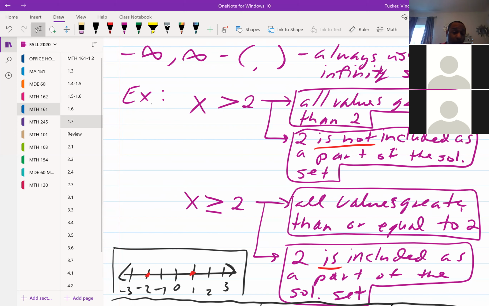We want all values that are greater than 2. Now, if you say greater than or equal to 2, then 2 is included as a part of the solution set. So the parentheses versus the bracket, parentheses letting us know that we had the greater than symbol or the less than symbol, and that lets us know that we're not including that 2. But if I had the greater than or equal to, I would use the bracket, and that means I am including 2 as a part of the solution set.